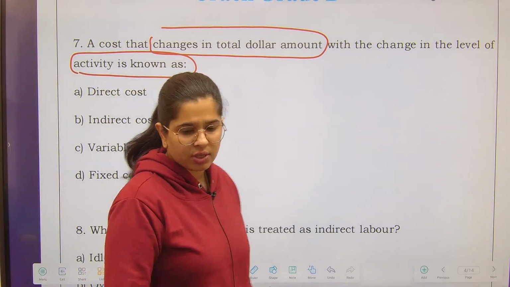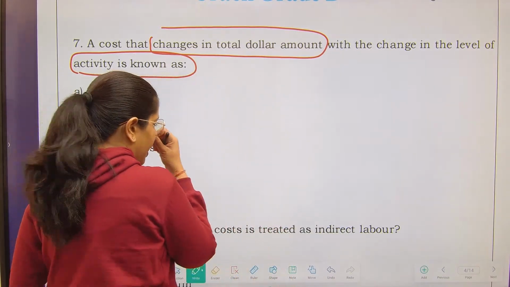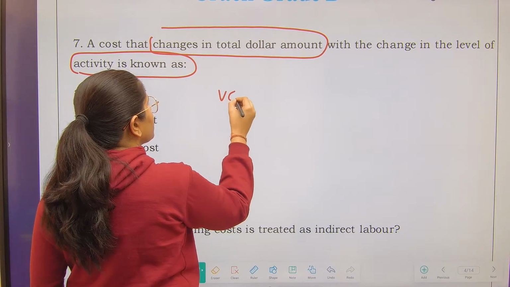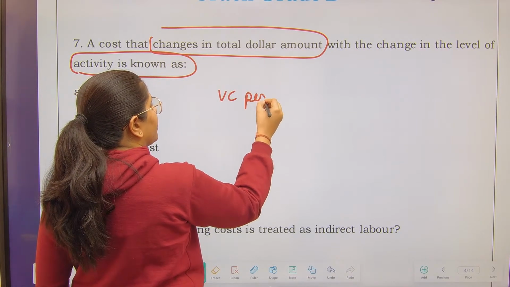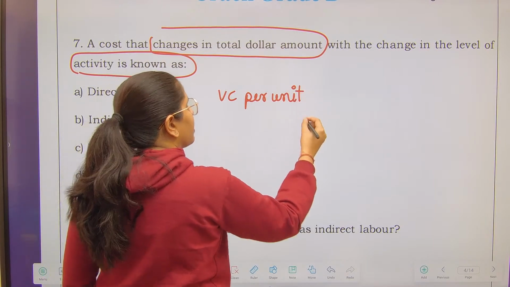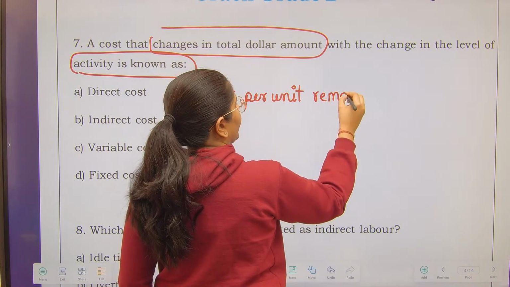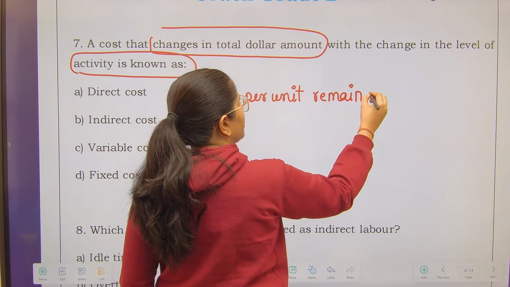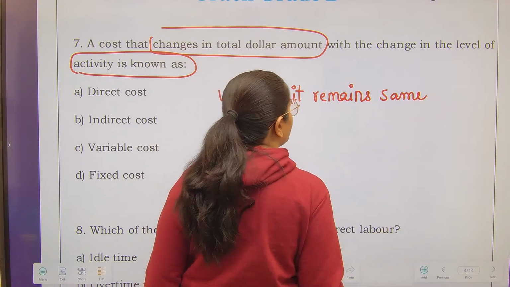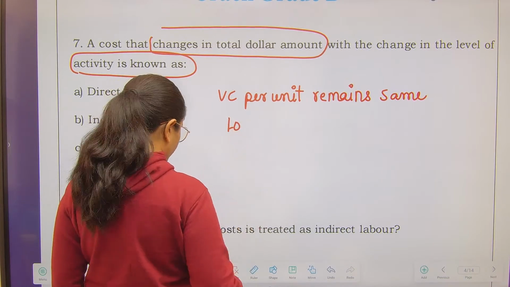So see over here, I have told you that variable cost per unit remains the same. Whatever be your level of production, variable cost per unit is going to remain the same. Example, suppose you are producing 10,000 units.